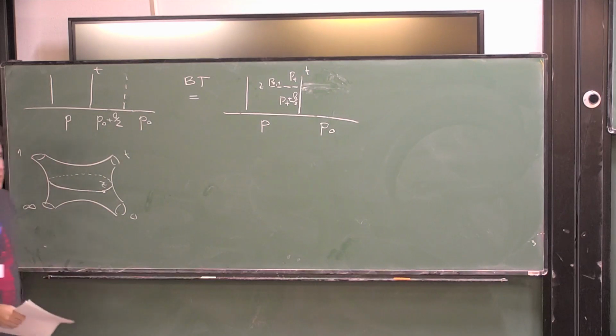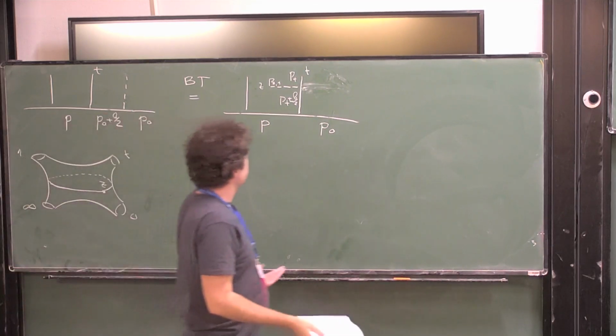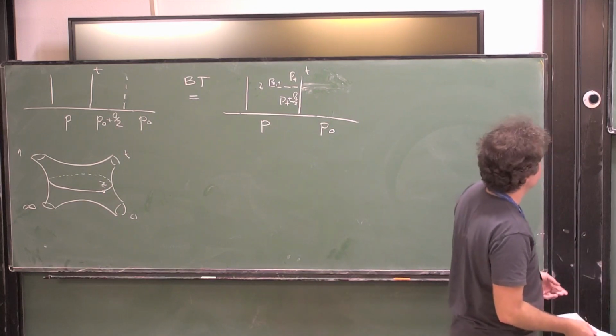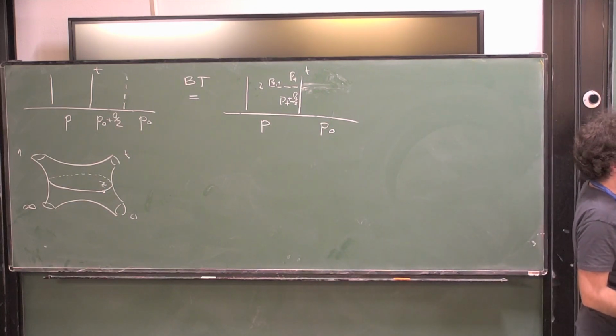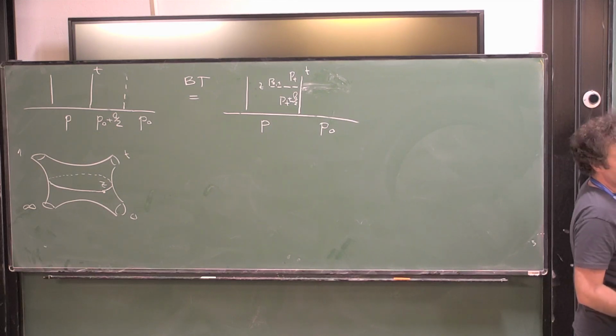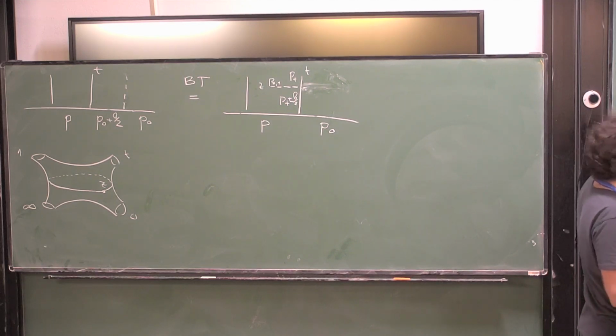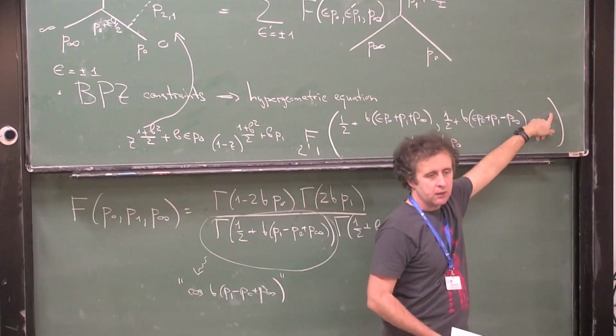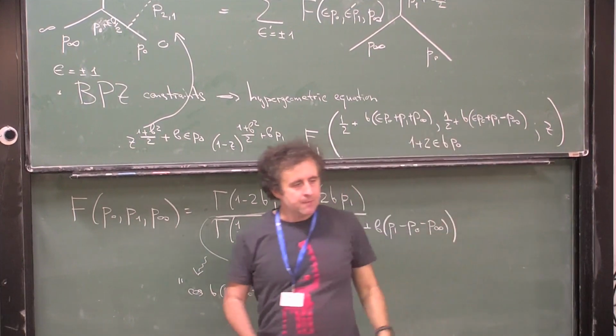Why is the orientation important? Well, the orientation symbolizes, so this is basically like if you take, for example, this conformal block. So suppose that you want to analytically continue this to negative z. So you can use, for example, F21, but with the arguments z over z minus 1, or something like this. Okay?